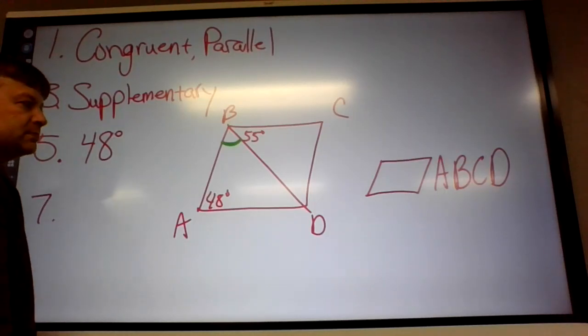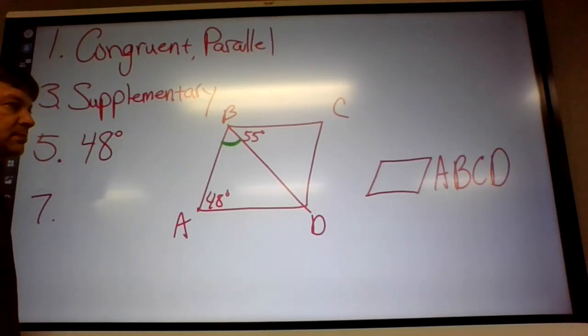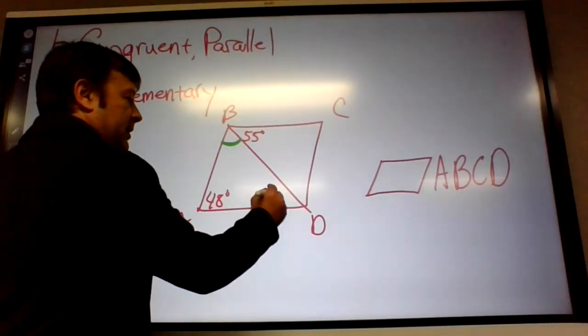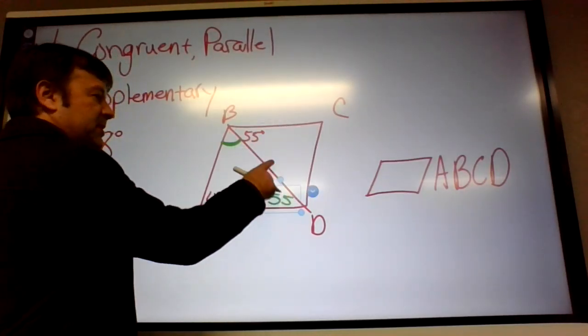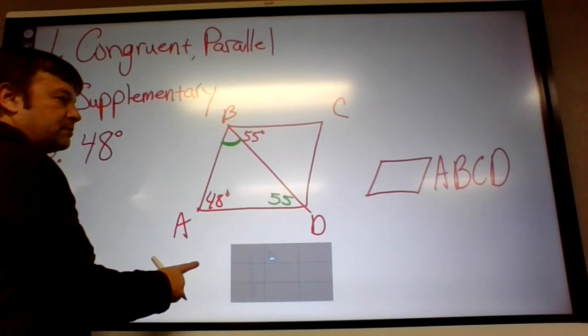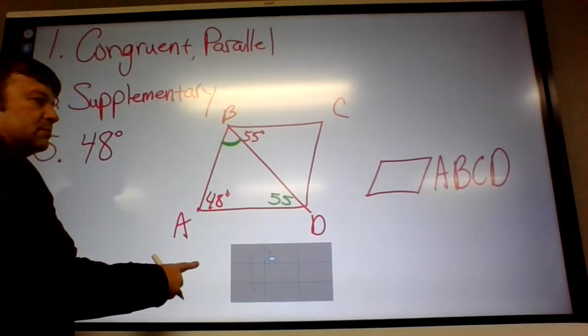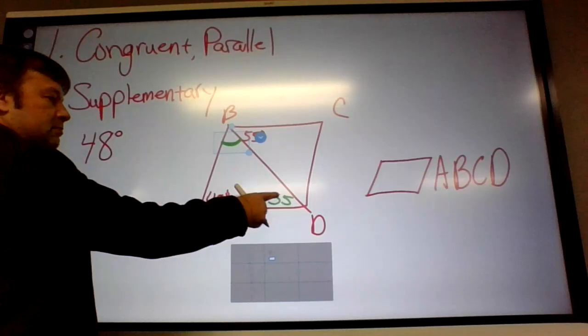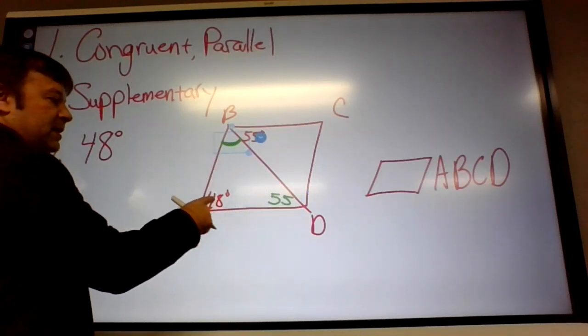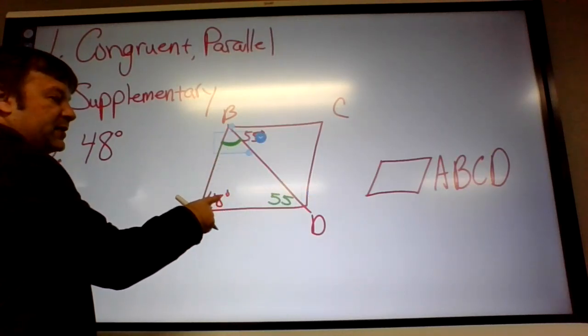So the ADB would be 55 degrees as well. Yeah, at the beginning we talked about alternate interior angles. These two will be the same. And then add them up, that would be 103, and then 180 minus 103. These three angles make a triangle, so they'd have to add up to 180.